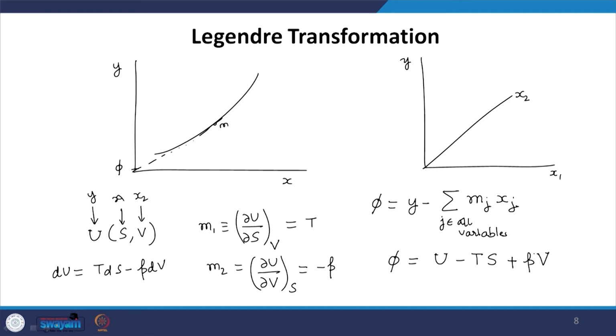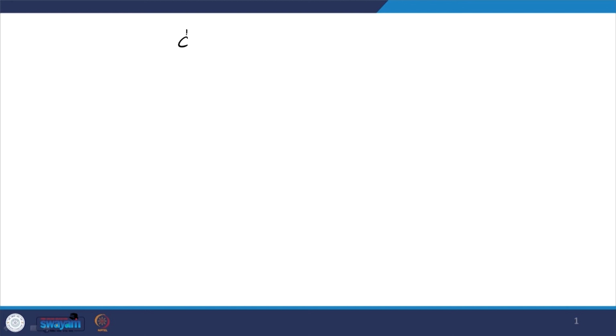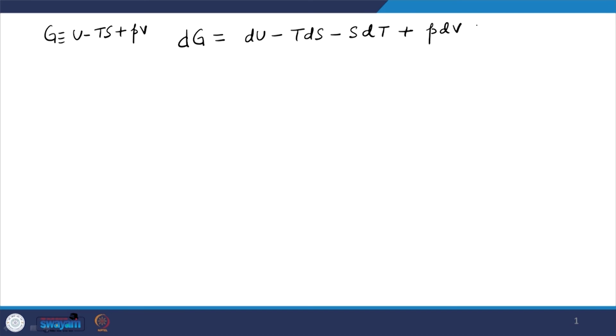So, we have defined a new thermodynamic function which is known as G, or the Gibbs free energy. And just like what we had done earlier, I can find dG. Since G is equal to U minus TS plus PV, I can find dG as dU minus TdS minus SdT plus PdV plus Vdp, and dU is equal to TdS minus PdV, what we had earlier.